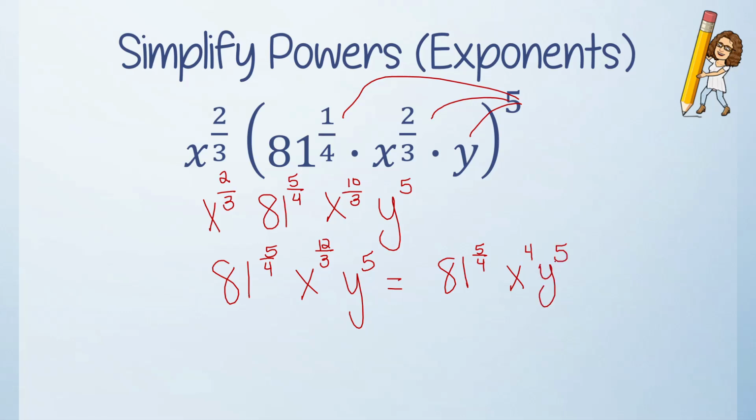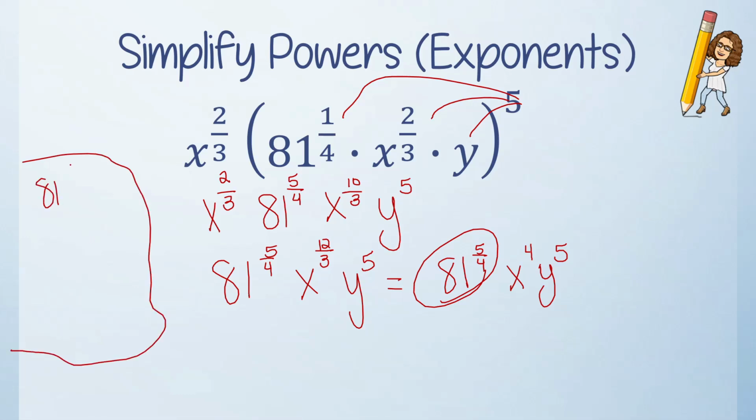to the 5th. Now, you may have stopped here. Careful. 81 to the 5/4 simplifies. If you find your gold card here, you will find that this will simplify. I'm going to go off to the side here. Little sidebar. 81 to the 5/4. Last time we talked about how a rational exponent can turn into a radical notation, right?